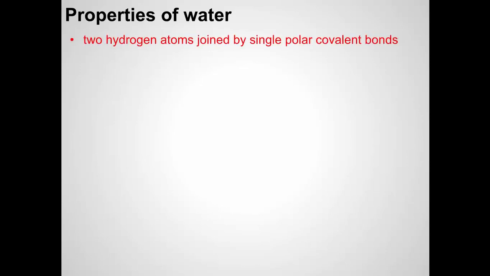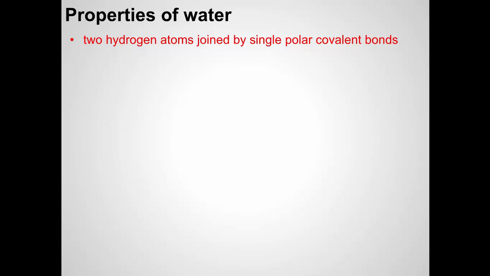So these properties of water are really important. First of all, the basics are that 2 hydrogen atoms are joined to an oxygen atom by single polar covalent bonds. Polar means they have a charge on one side.